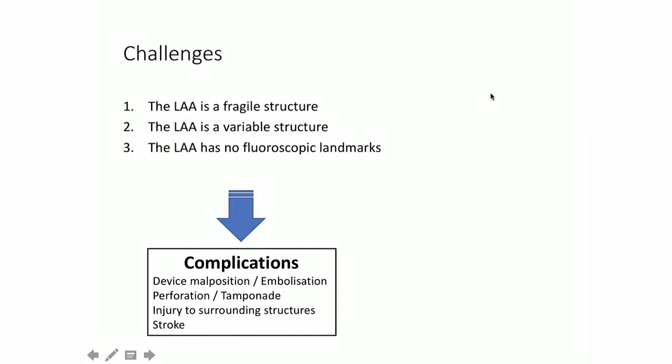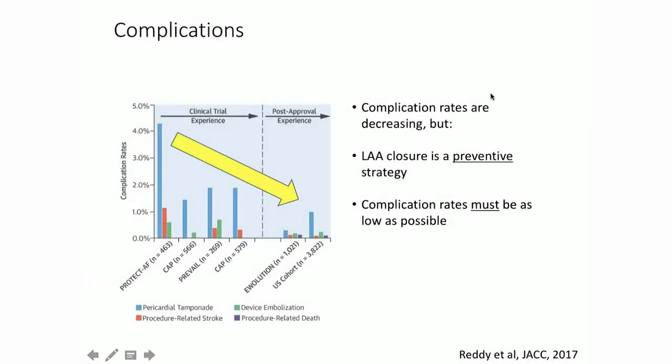These complications include device malposition, device embolization, perforation, tamponade, injury to surrounding structures, and stroke. And while these complication rates have been going down over the years, complication rates should be as low as possible, because this, we must remind ourselves, is a preventive strategy.